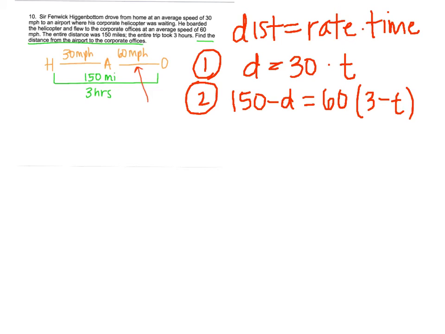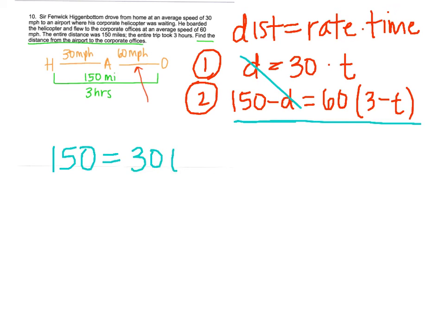Now I'm going to attack this the same way. We're looking for d, so it may not make sense to cancel d, but a quick substitution using this equation will get us to d pretty quickly. So let's go ahead and solve for t. If the d's cancel, I get 150 equals 30t plus 60 times 3 minus t.